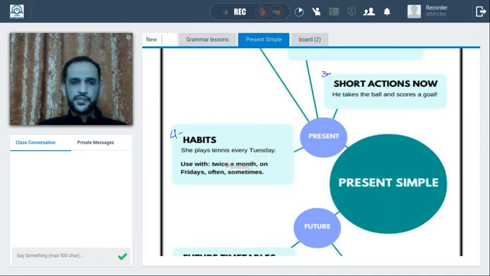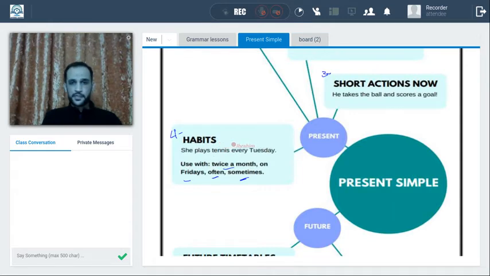And I can use some adverbs to express habits, such as twice a month, on Fridays, often, and sometimes. These adverbs can be used to express habits in the present simple.